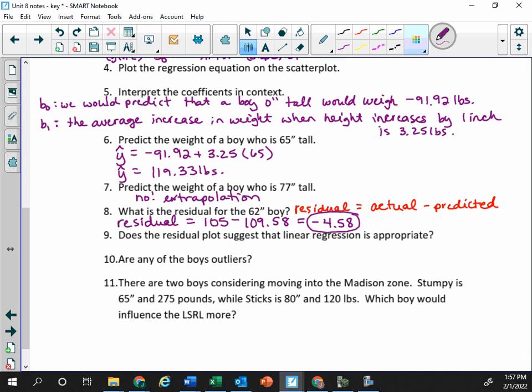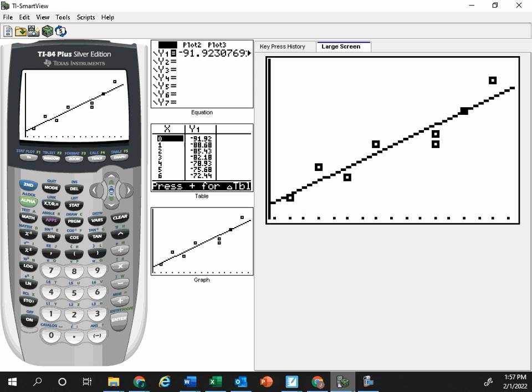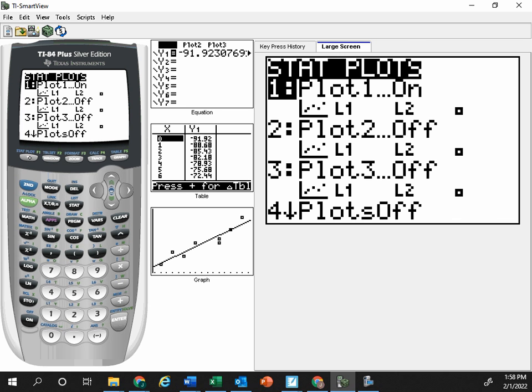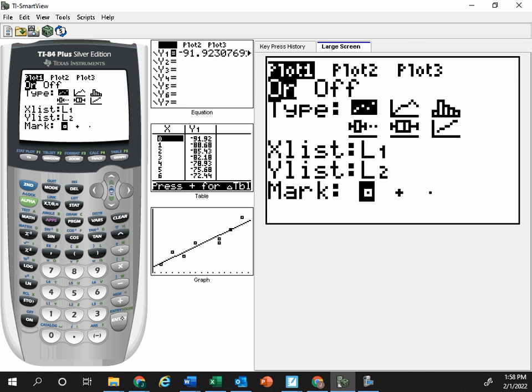So let's pull up your calculator here. You can only check the residuals after you've actually calculated the linear regression, because then your calculator has saved what those residuals are. All right, so we're going to go into our stat plot. We're sticking with the scatter plot choice, and your X list is still list 1.